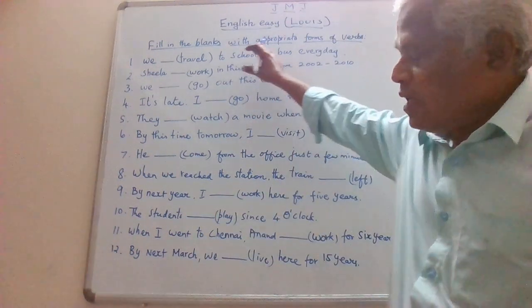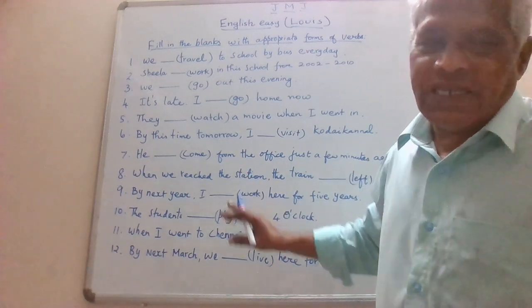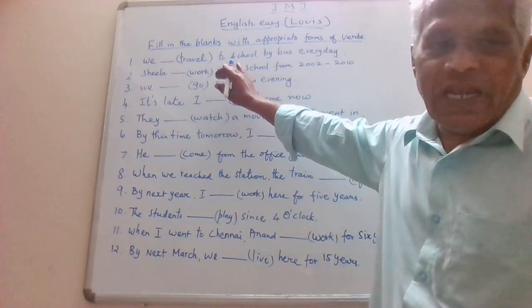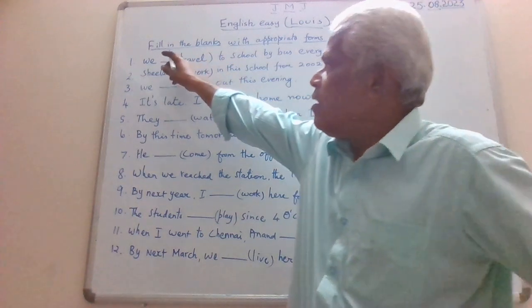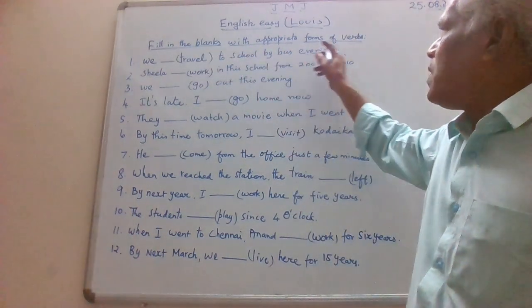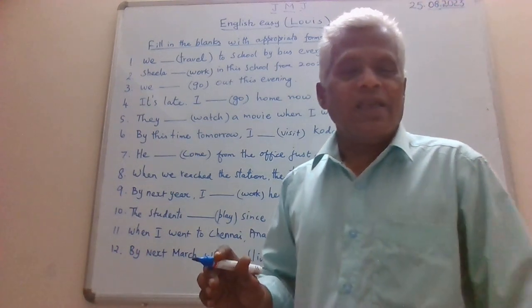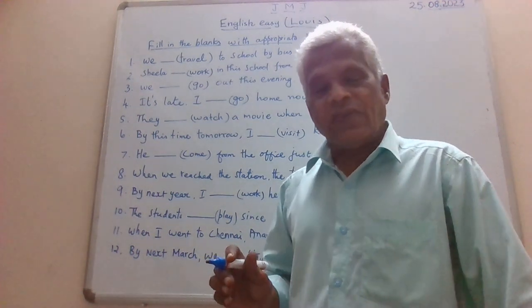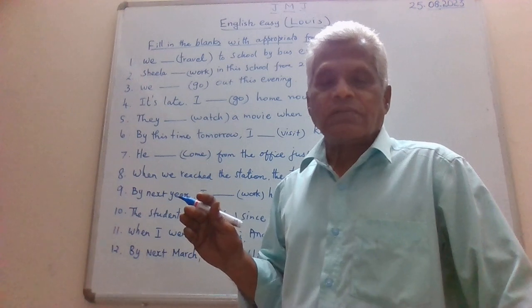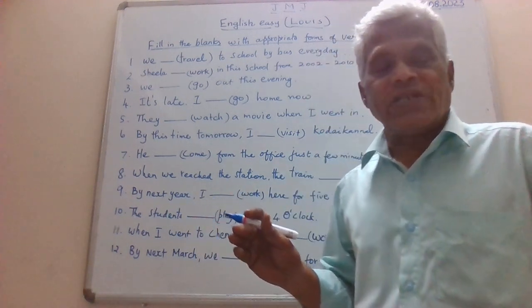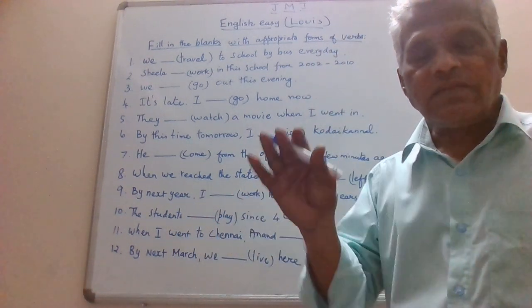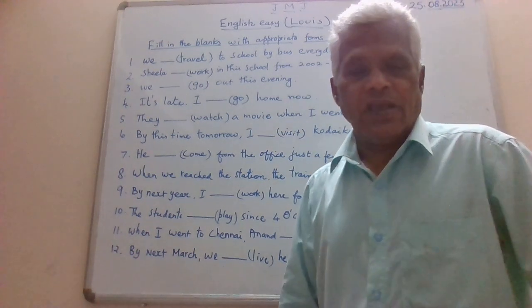See, I have written here 12 sentences with the verb in brackets, and what is the instruction given here? Fill in the blanks with the appropriate forms of verbs. This is the usual way in exams. The questions will be asked in tenses.